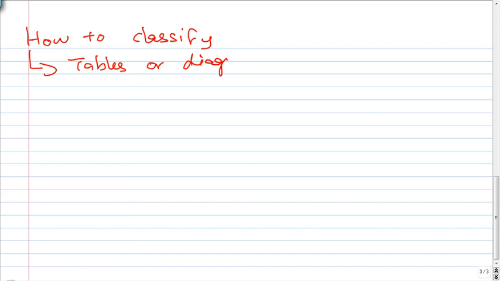How to classify? Okay, we can classify in the form of tables or diagrams. We can also classify according to what was mentioned earlier, similarities.